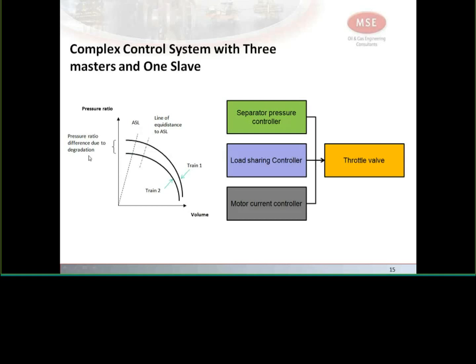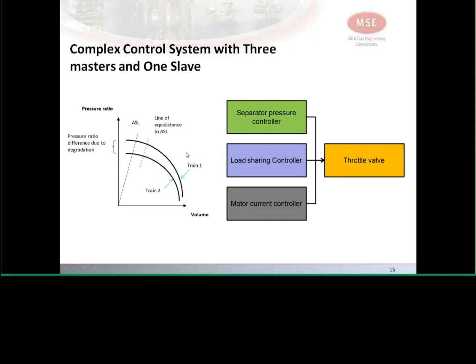So that means that in this case, train 1, which has more pressure available, will always try to suck more gas from the suction manifold, and train 2 will be left with just the gas that is available.